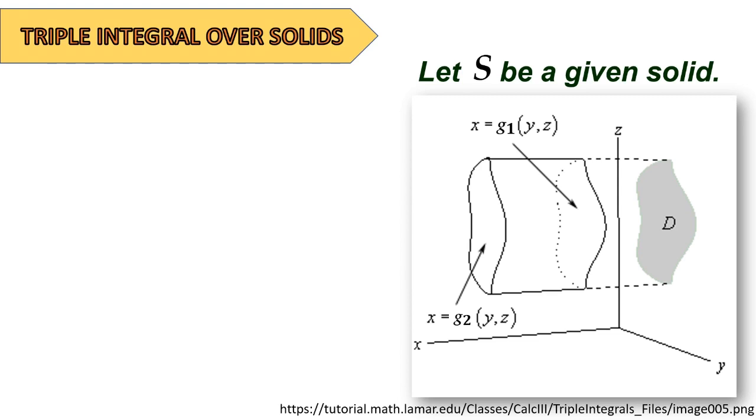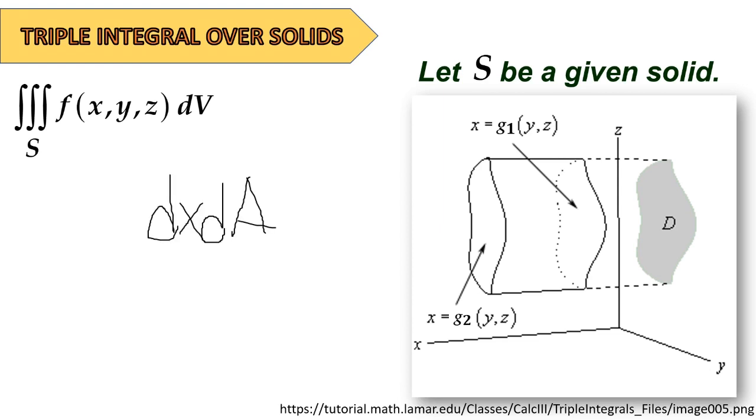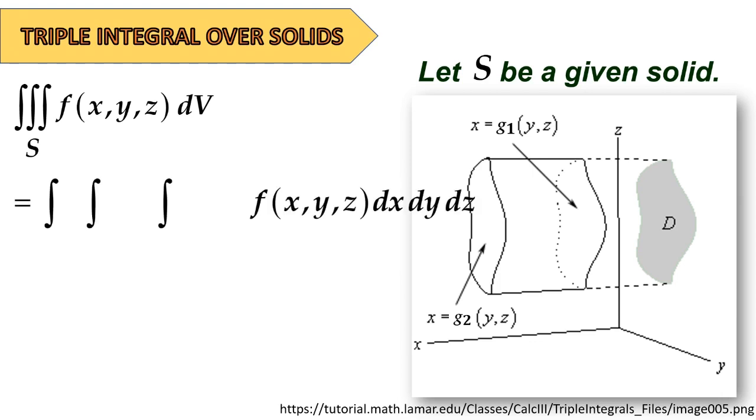Then, the triple integral of a function f of xyz over this solid can be expressed as an iterated integral with the order of integration dx dA, and dA can either be dy dz or dz dy. And in this discussion, we use dy dz.